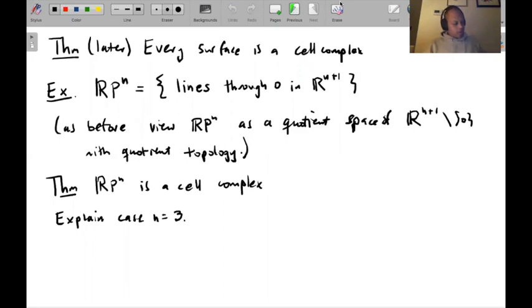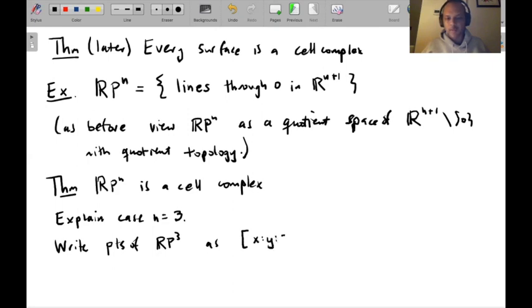So let me show you how it works for n equals 3, and then you'll see the idea. So the way this is going to work is, we write points of RP3 in the following notation, which I introduced last time.